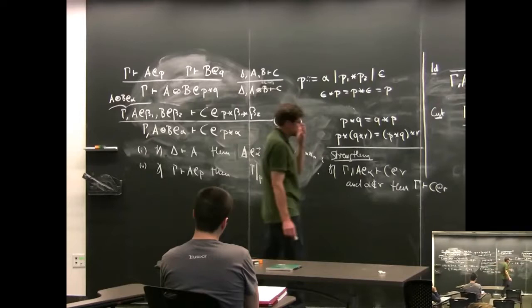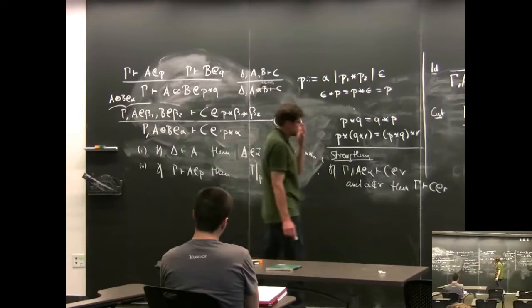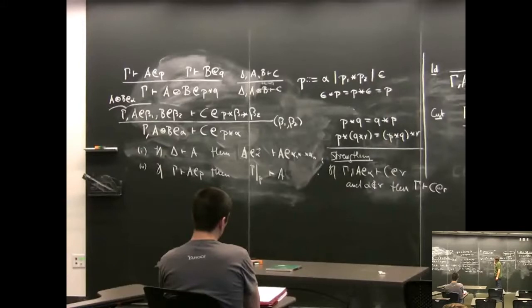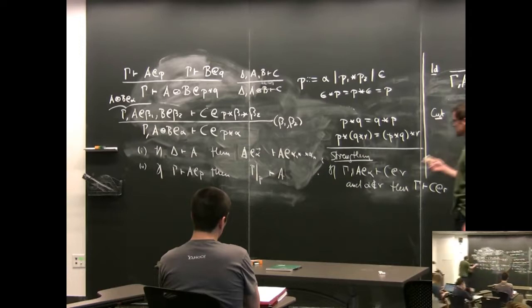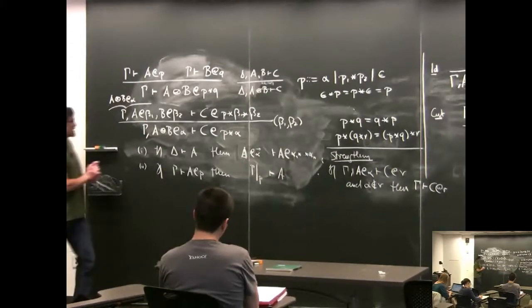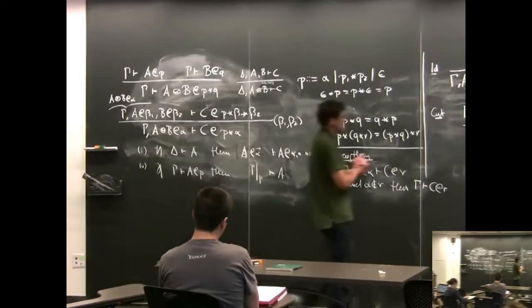Do I need to define this? It's pretty obvious. These are just the alphas that I mentioned, and here we keep from gamma, and then we can construct that proof over there. Let's just check a case, like here, for example.